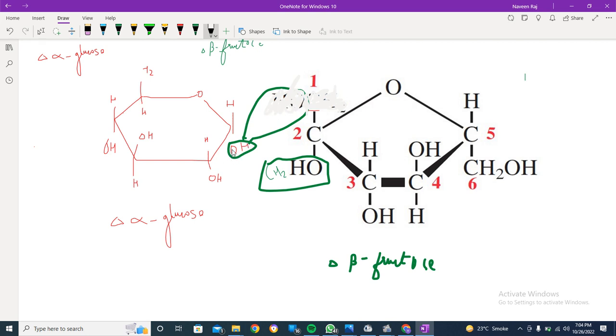Now this all gets raised. We have the remaining H from the second side, and the middle oxygen comes.